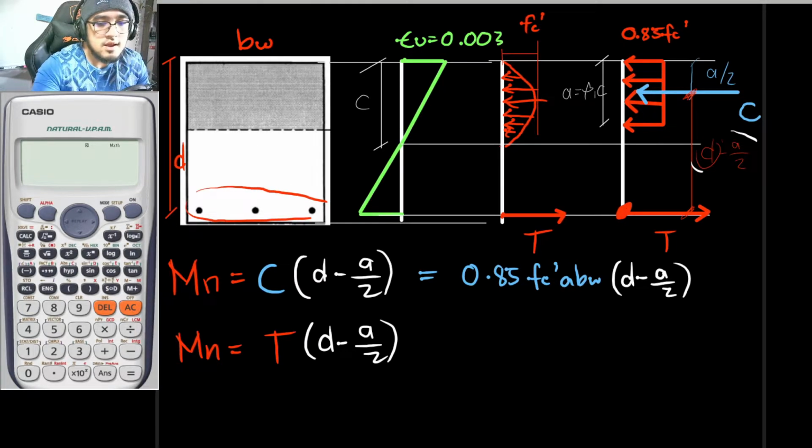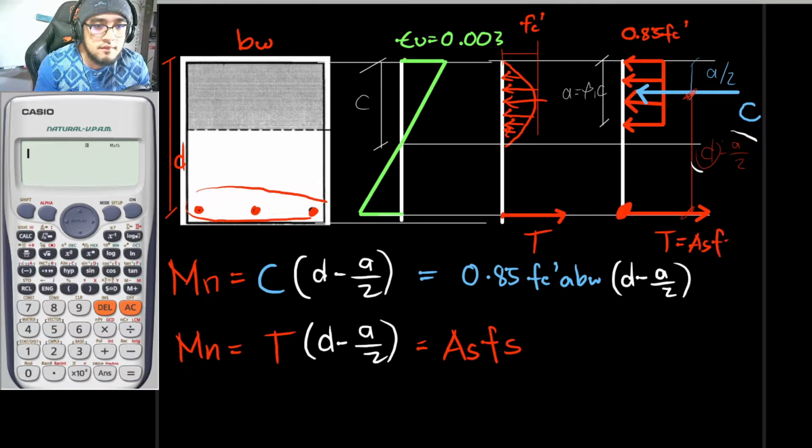So let's say that is AS, the area of steel. So once again, that is the total area of the steel times the stress of the steel, Fs. So basically, that is your value of T. So this is now AS Fs.